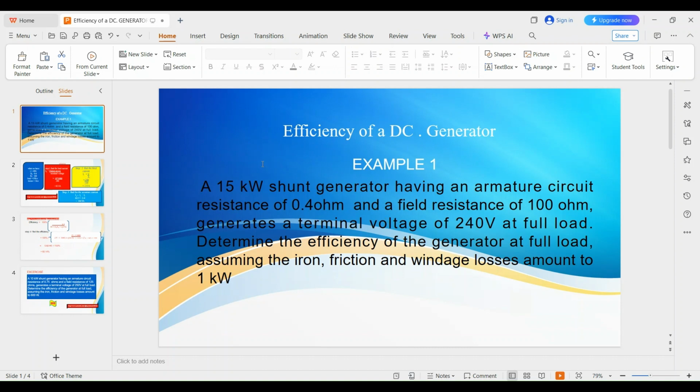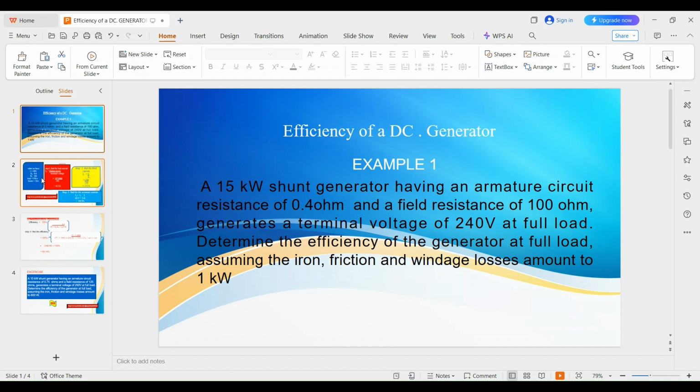We can see that we are given power, which is 15 kilowatts. And remember we said kilo means 1,000. We also have the armature resistance, RA. We have a field resistance of 100 ohms and the terminal voltage of 240 volts. And we have been told that the losses amount to 1 kilowatt.